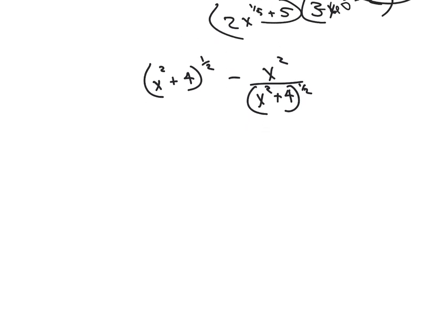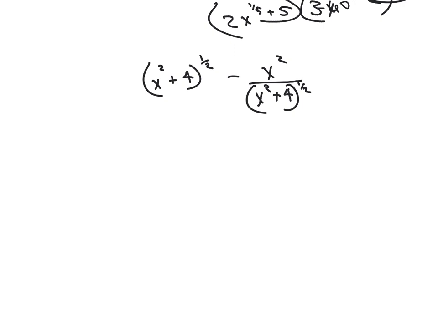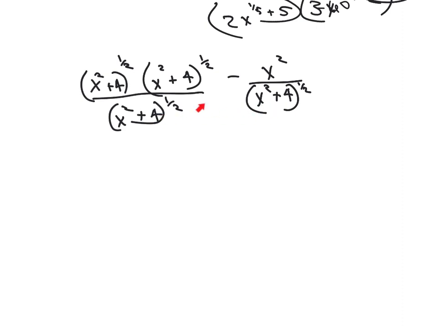So let's go ahead and multiply top and bottom by x squared plus 4 to the 1/2. Okay, so that is the first step. Now we have common denominators.